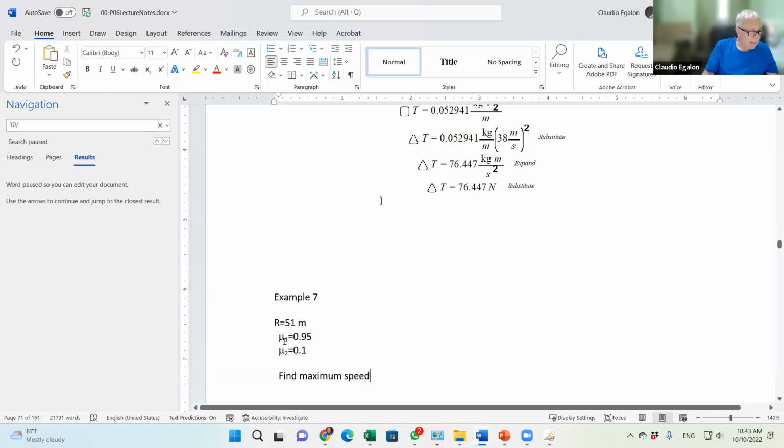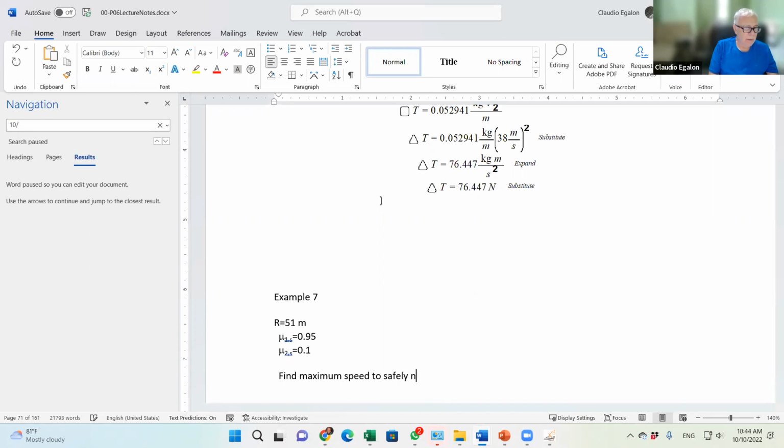And by the way, this coefficient is the coefficient of static friction. I'm going to tell you exactly why. It's not obvious why this is the coefficient of static friction. Find maximum speed to safely negotiate the turn.